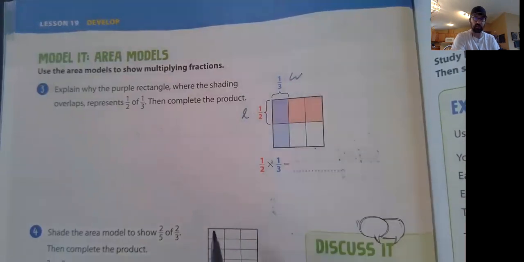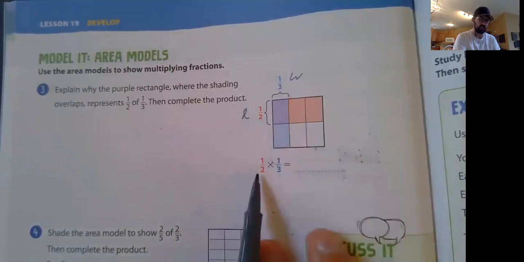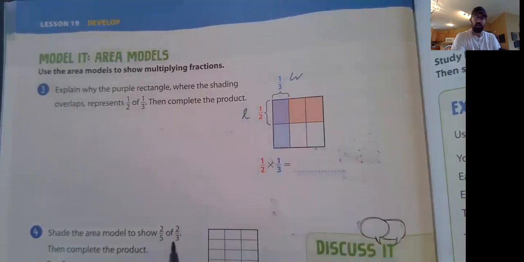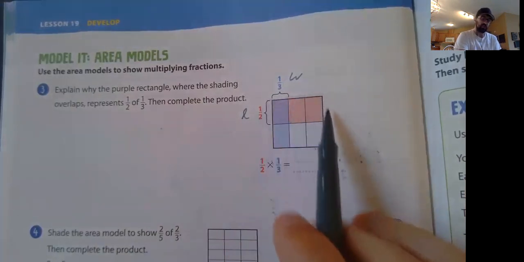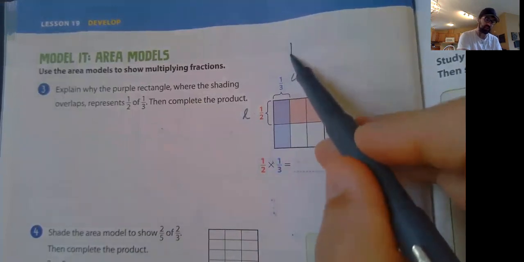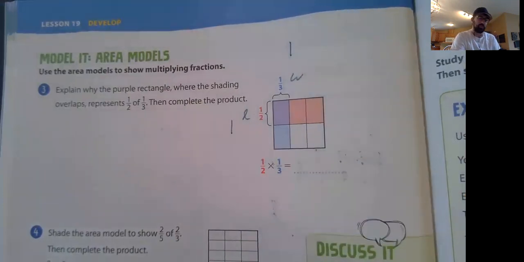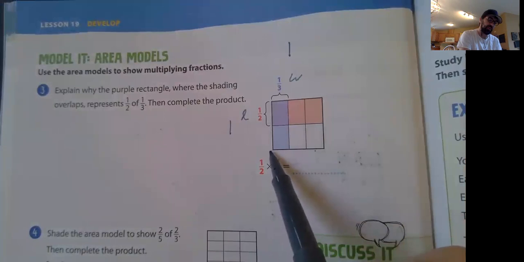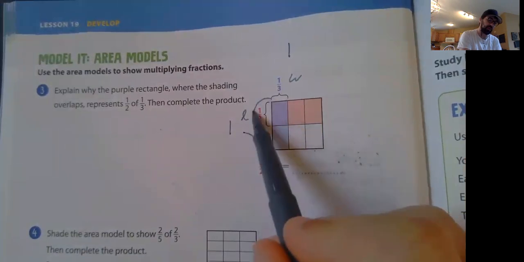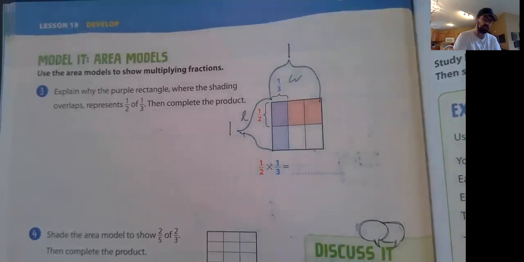Okay, so we have 1/2 times 1/3, length times width, right? But this whole top up here is actually going to be 1. This whole side is going to be 1 as well. Does that make sense? Meaning from this point to this point is going to be 1. From this point to this point is going to be 1.